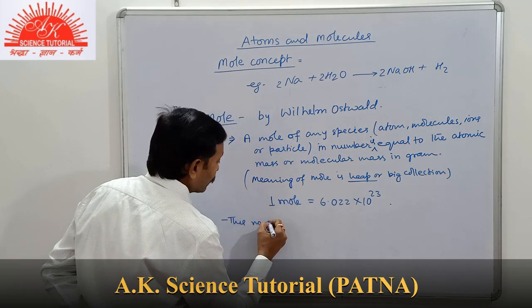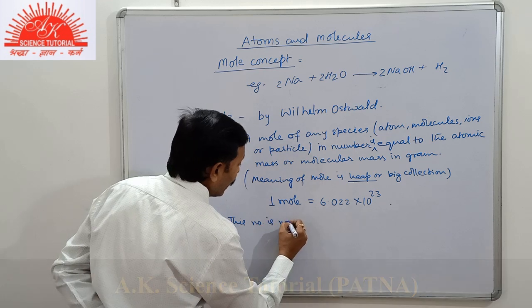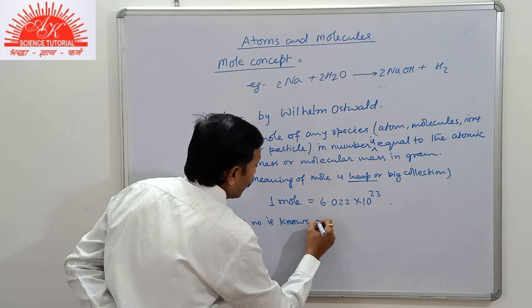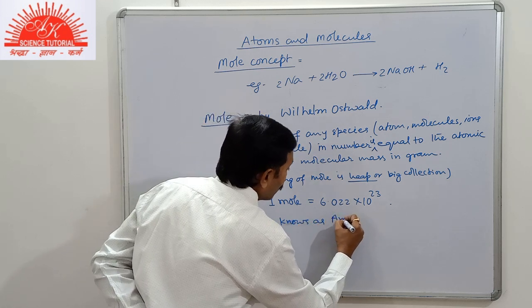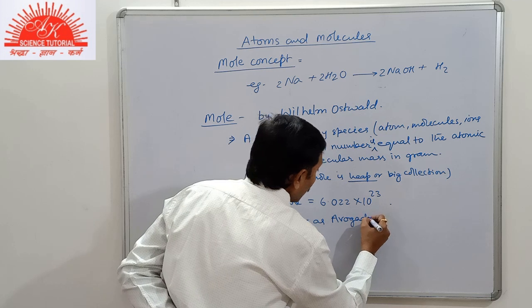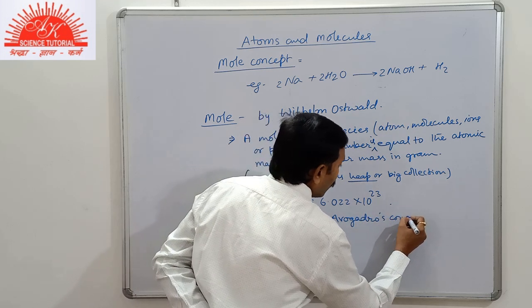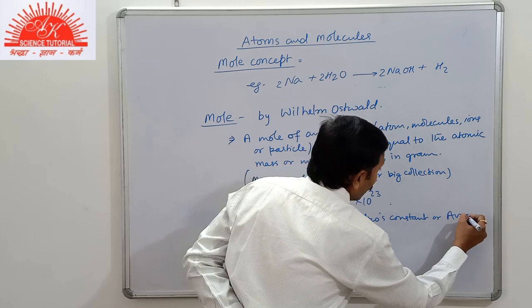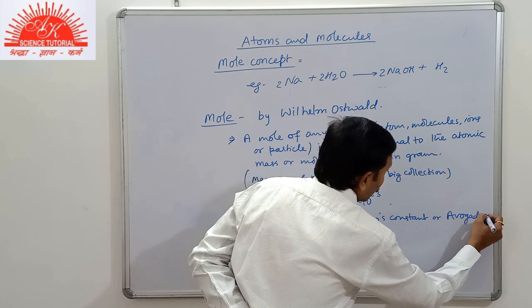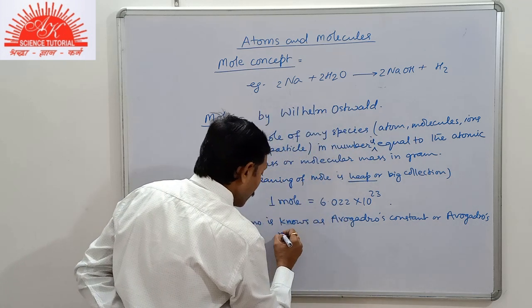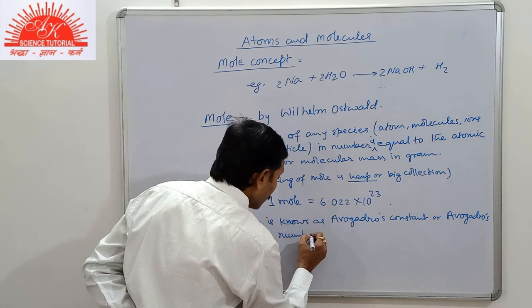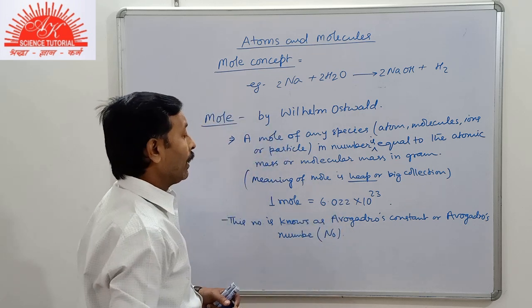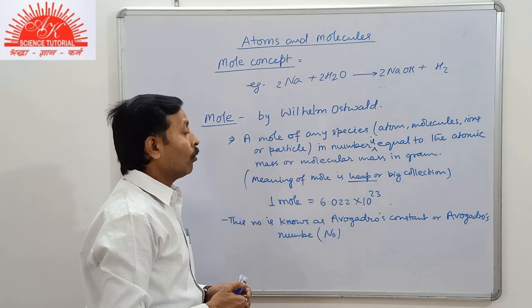This number is known as Avogadro's constant or Avogadro's number, which is represented as capital N small o.